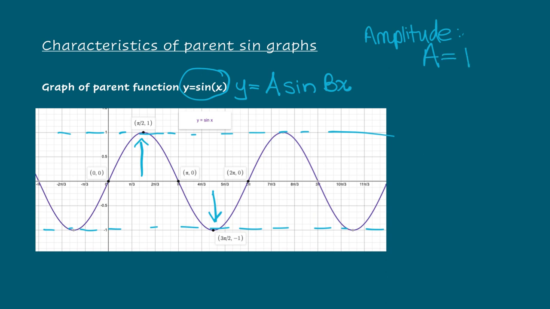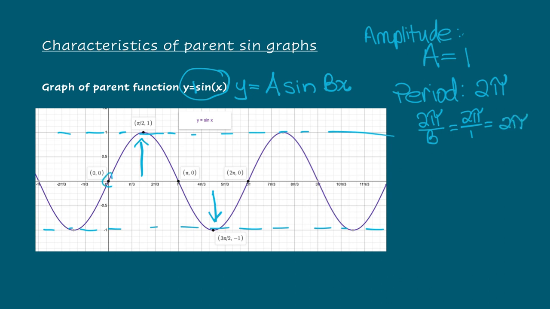My period for the general sine function, the parent function here, is always 2 pi. If I were to plug it into the formula of 2 pi over b, b in this case is 1 because there's a 1 sitting right here. So 2 pi over 1 is equal to 2 pi.